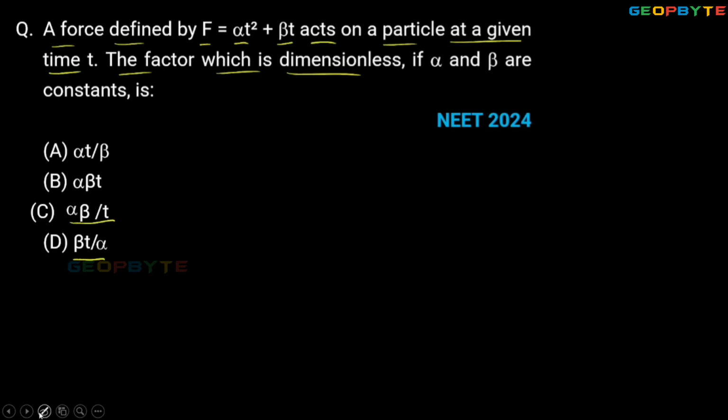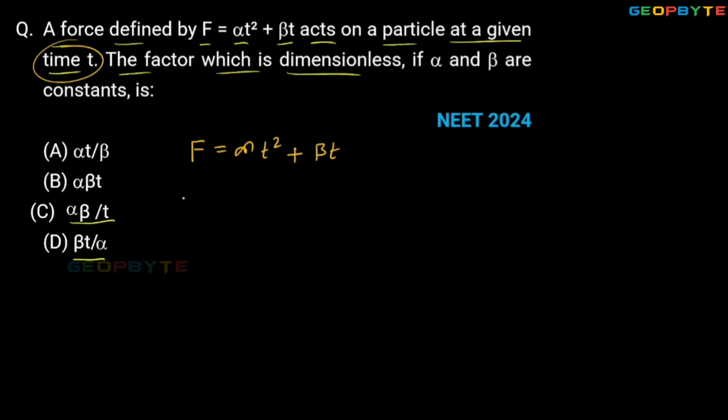For that, you need to decide the dimensions of alpha and beta. For deciding the dimensions of alpha and beta, you need to apply the principle of dimensional homogeneity. The force F is given as alpha t square plus beta t, where t is the time.